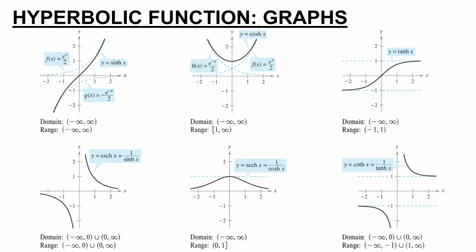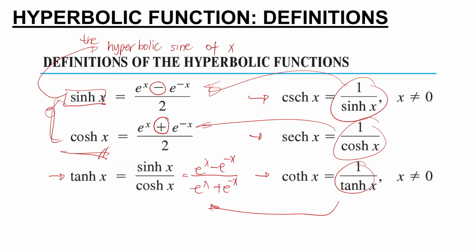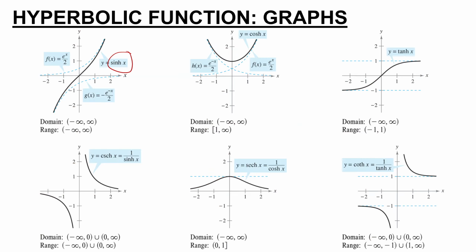Now, this is the graph of our hyperbolic functions. This one here is our hyperbolic sine x. If you remember the definition of hyperbolic sine x, that is e to the x minus e to negative x all over 2, it means the half of this minus the half of that one.